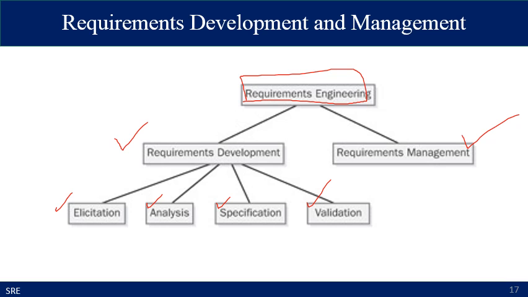In the elicitation phase, you identify the requirements from the user, then you analyze those requirements into requirement specifications, and finally accepted specifications are written in documents, which are again validated against the needs of the users. Along with these four sub-processes, the established requirements are managed through the requirement management process.